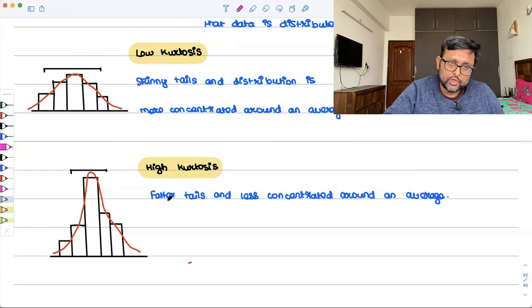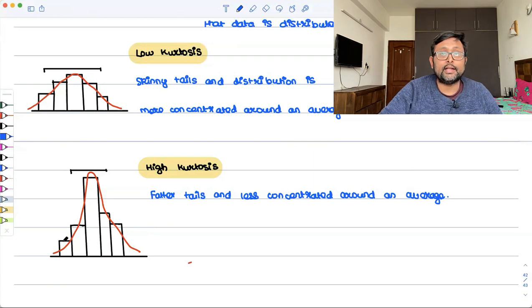The data which is showing fatter tails, I mean this kind of distribution, your high kurtosis distribution, is showing data which has tails exceeding the tails of the normal distribution. The normal distribution is the point with which we are comparing, right? So as compared to the normal distribution, high kurtosis data would have more values at the extremes, right?